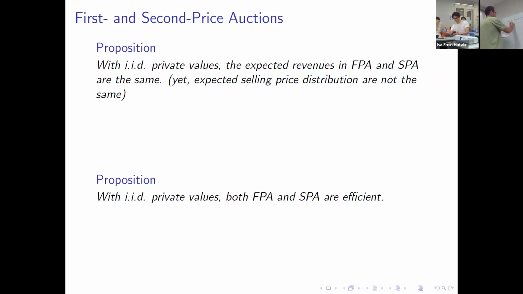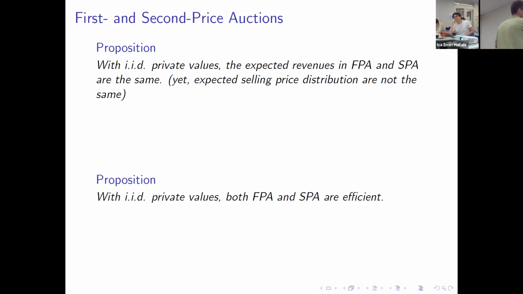Then any symmetric and increasing equilibrium of any standard auction, I'm going to put a comma here, such that the expected payment of a bidder with value 0 is 0.